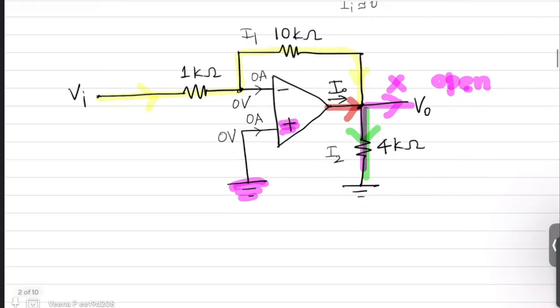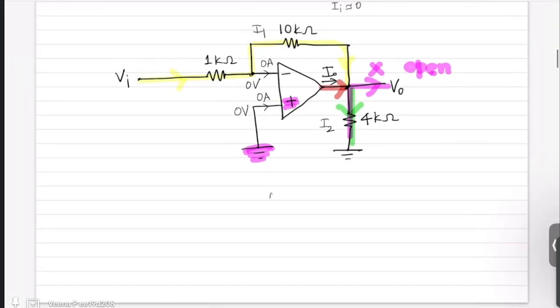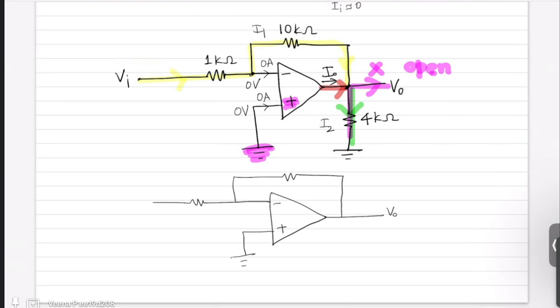So for the given op-amp network, this current is I1. This current is also I1. This current is I0 and the downward current is I2.